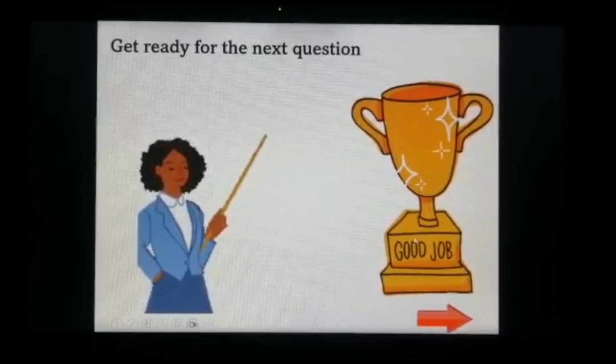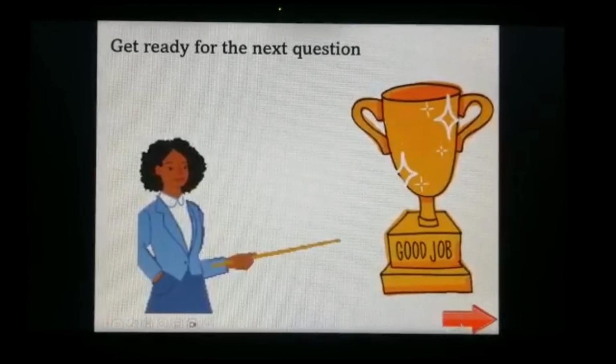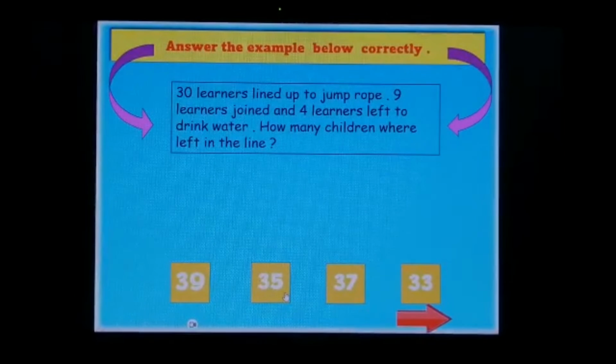Then it's going to say, get ready for the next question. Then you're going to go on to the next slide and press the arrow. You're going to go onto the next page. Remember, you need to know how to understand and think critically in order to finish the question above.